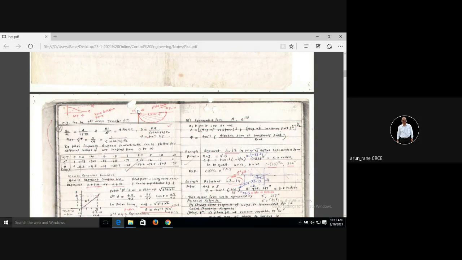This graph. No, not completely. But have you understood this table? Yes, sir. Now what I am telling, phi is nothing but the angle. Is this clear? Yes, sir.